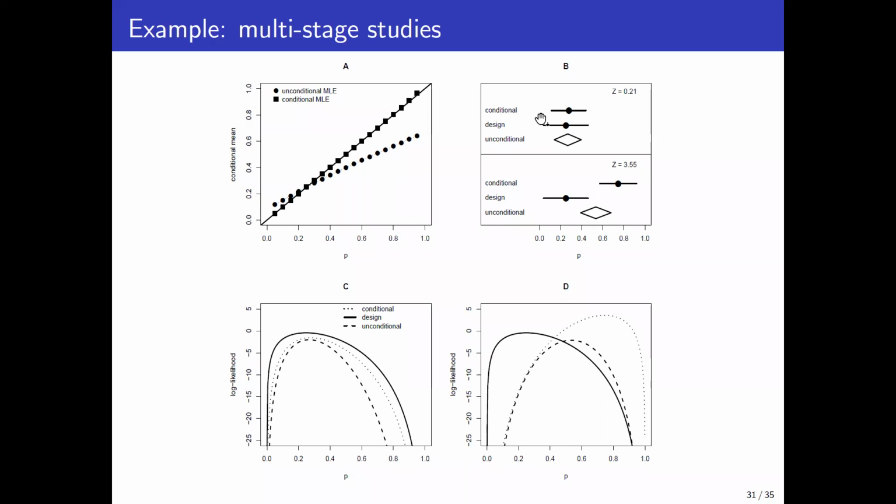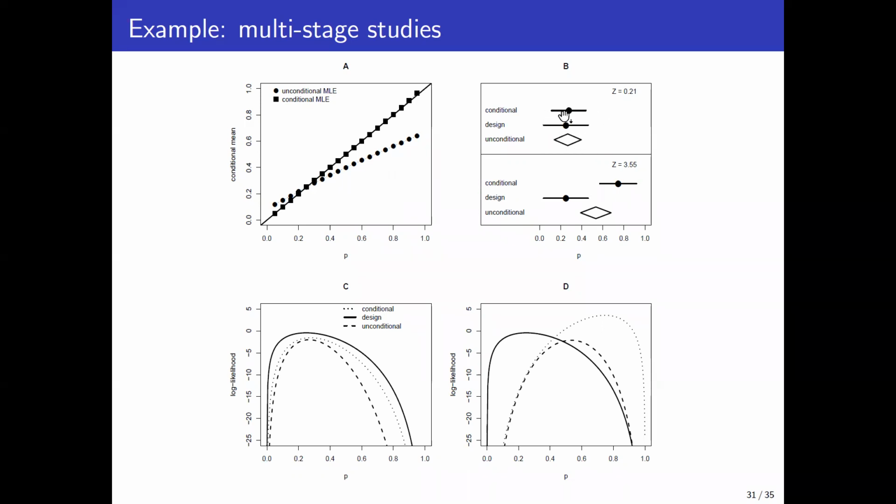So the top panel here and the bottom panel, and then their associated likelihood functions, respectively. In both of these samples, as with the simulation results I showed you earlier, we're looking at multi-stage studies that made it all the way through to the end. And so that is reflected in the design estimate and its associated confidence interval.